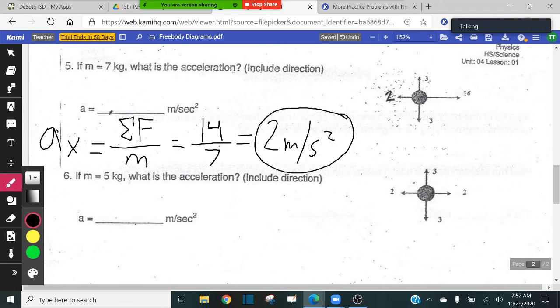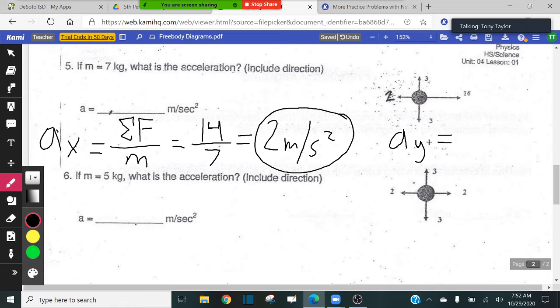Okay. But guys, what about the acceleration in the vertical direction? In other words, what is the acceleration of the object in the y direction? Well, guys, notice we have two y forces here. But notice carefully, these y forces are balanced. That's a positive 3, and that's a negative 3. So if you combine that, you get 0 for the sum of your forces.